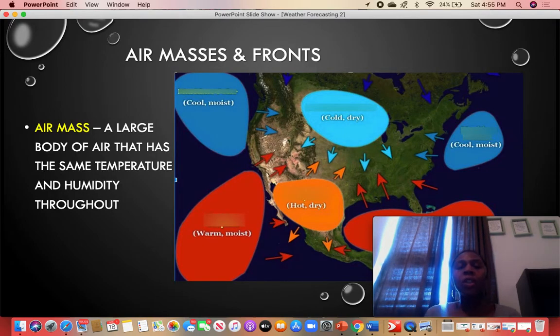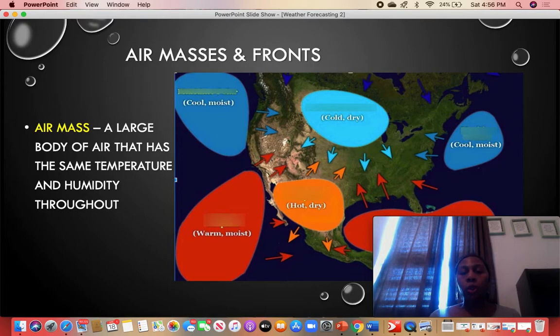Then on Tuesday, we talked about air masses and fronts. I know then we also had some technical difficulties, so I want to just briefly review this just to make sure you guys got everything. So basically an air mass is a large body of air that has the same temperature and humidity throughout. So if you look at this map of North America, you see different air masses located across the region.